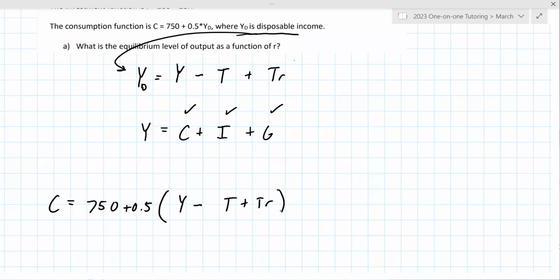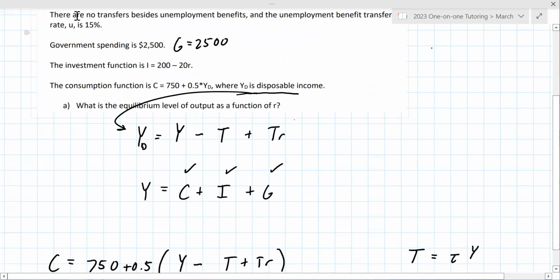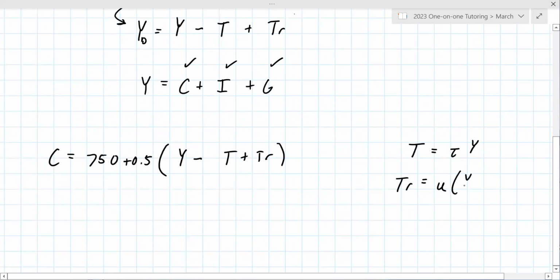Okay, so I see what they're doing. Let's start with T. We're solving for Y in here. Yes, that makes sense. So T is tau, the tax rate, times Y. So that's going to go in the middle there. The TR is U, which is this transfer rate, times YN minus Y. And we're going to substitute that into this equation here.